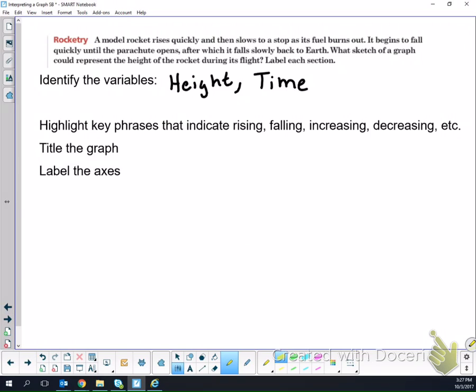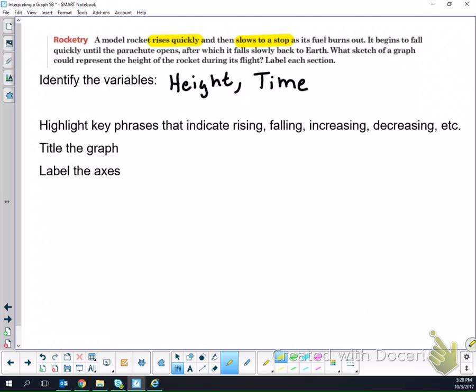Next, I want to highlight the key phrases in the story that tell me about something is growing, something is going faster, it's going slower, it's rising. I want to find those differences that tell me what I'm going to be doing in my graph. Now, we see the first one very quickly. The rocket rises quickly, then it talks about slowing to a stop.